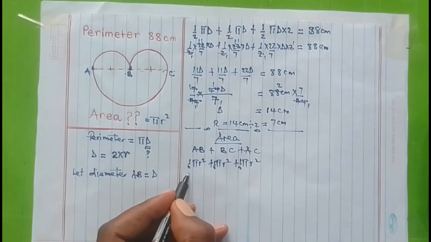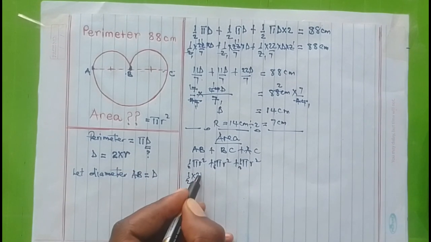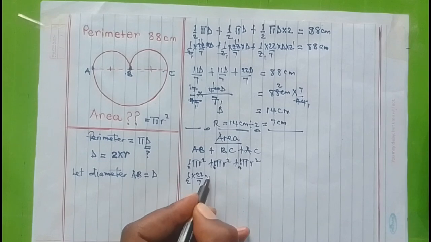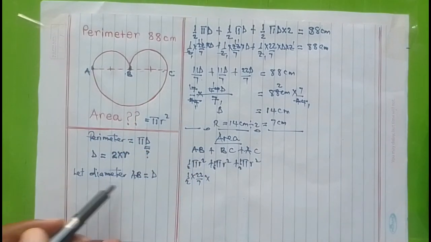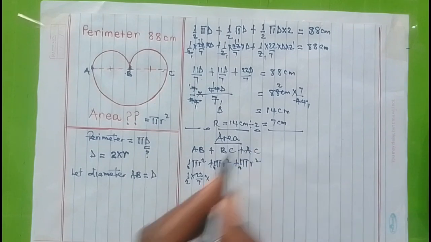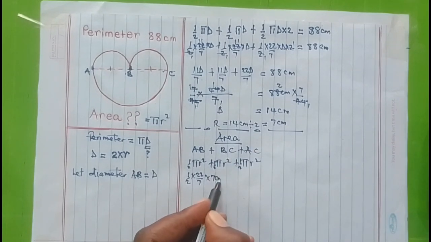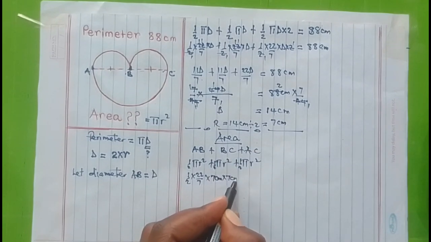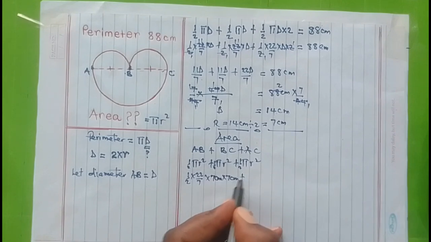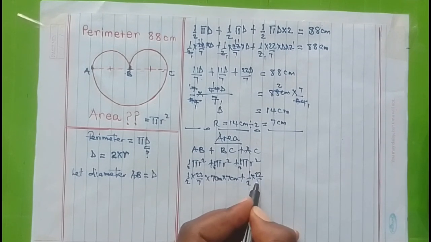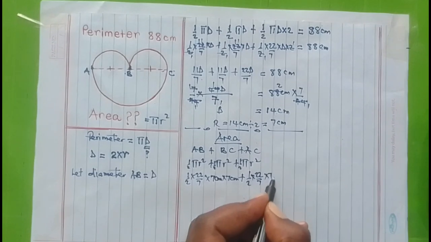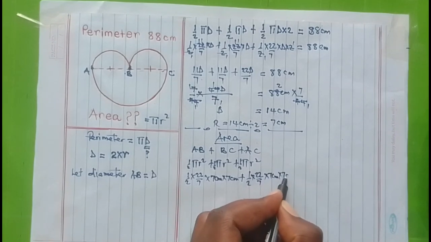Let's substitute a half times 22 out of 7 times our radius for AB, because we were looking for the radius of AB, is 7 centimeters. We have to square it, multiply it 2 times, plus a half times 22 out of 7 times 7 centimeters times 7 centimeters.